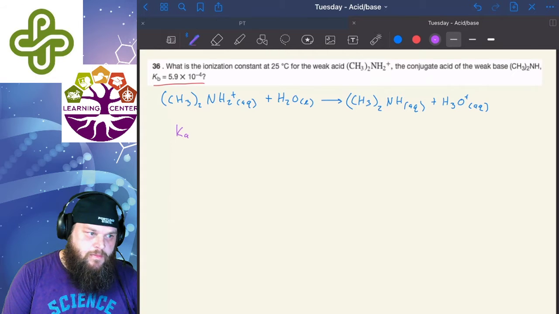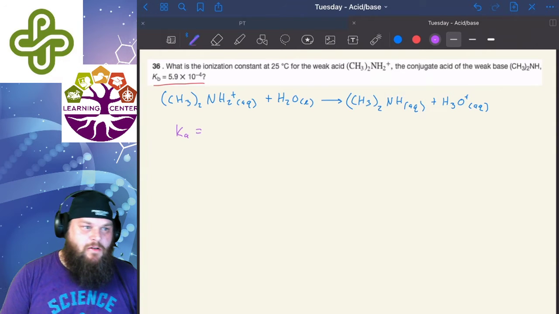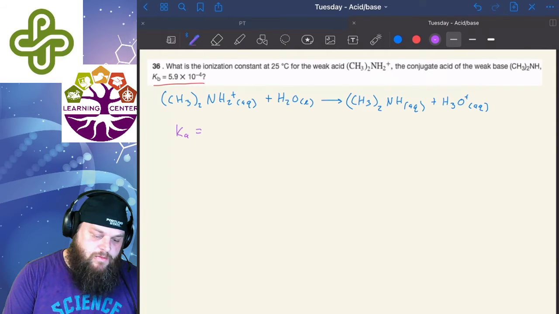The Ka would equal its products divided by its reactants.